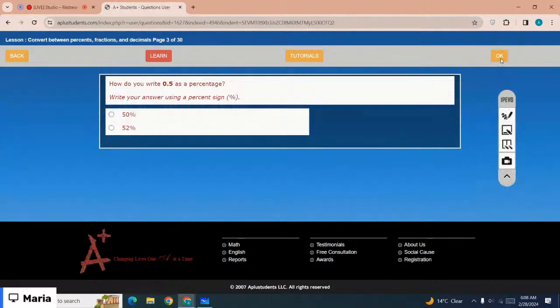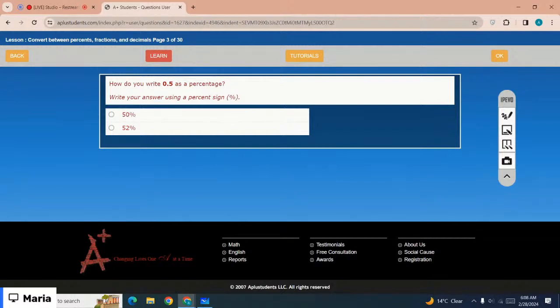Okay, the next one is, how do you write 0.5 as a percentage? So which is the correct option? You have to convert from decimal to percentage. That is 0.5. You need to multiply it by 100.